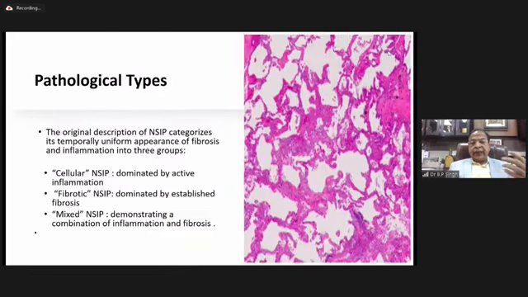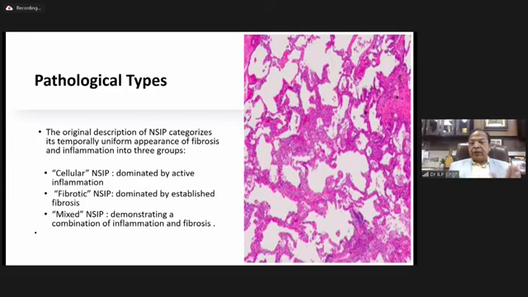If you look at the pathological types, Dr. Bhavin in his presentation already mentioned that there are three types of NSIP. The cellular NSIP is dominated by active inflammation, the fibrotic NSIP by established fibrosis, and mixed NSIP demonstrates a combination of inflammation and fibrosis.